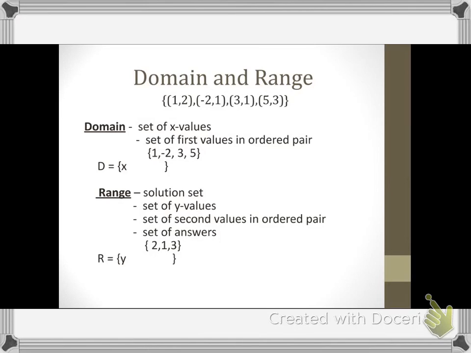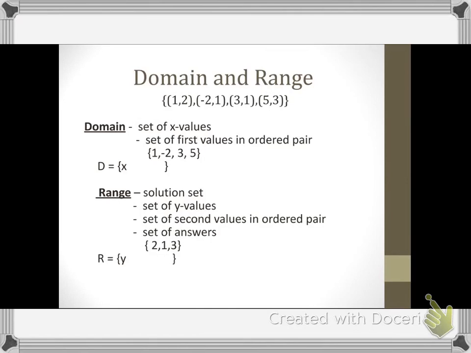So once again, we just represent it with our braces that represent our set, and then we list them, 2, 1, 3. Notice that I didn't write 1 twice, even though it was listed twice up here in my ordered pairs. I only have to represent each number once within my set.